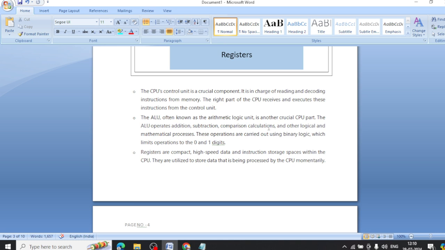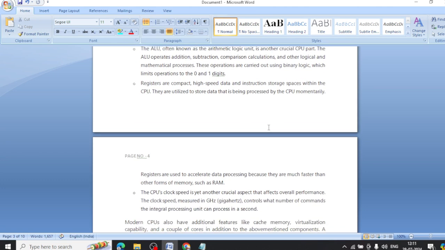Okay, registers are compact, high-speed data and instruction storage spaces within the CPU. They are utilized to temporarily store data that is being processed by the CPU.